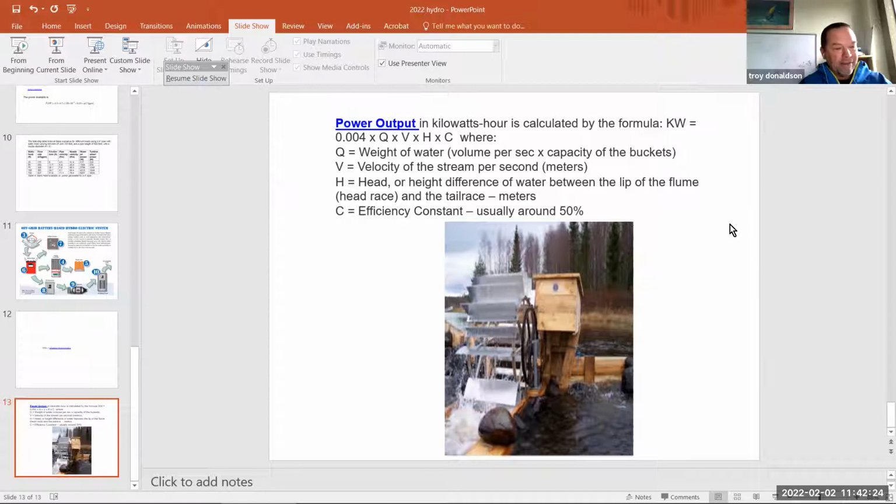And then there is the head, and they probably want that in meters. So again, you can add in an efficiency constant, usually around 50% efficient with some kind of big paddle wheel in a river. So just another way to estimate possible energy production from a small hydro power plant.